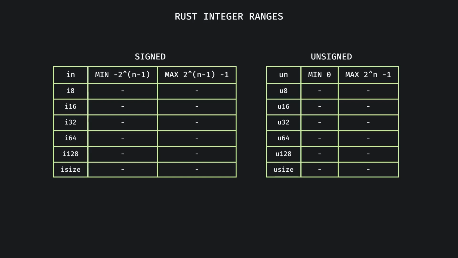So i8 can store integers from -2 to the power of 7 to 2 to the power of 7 minus 1, which is -128 to 127. While u8 can store integers from 0 to 2 to the power of 8 minus 1, which is equal to 255. We can do this for other integer variants to get their ranges.